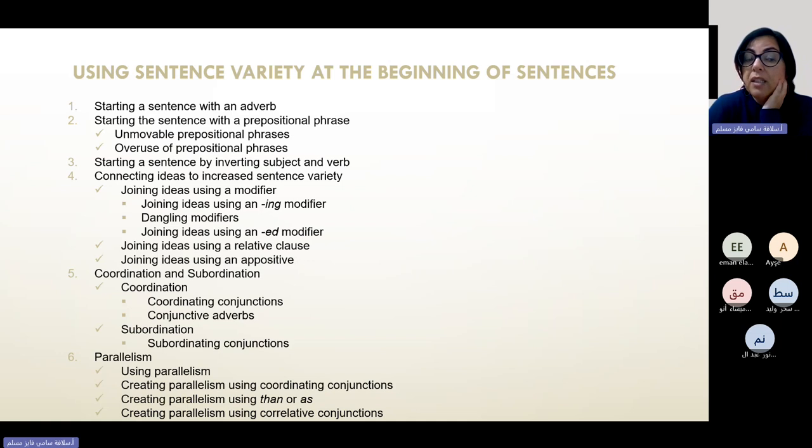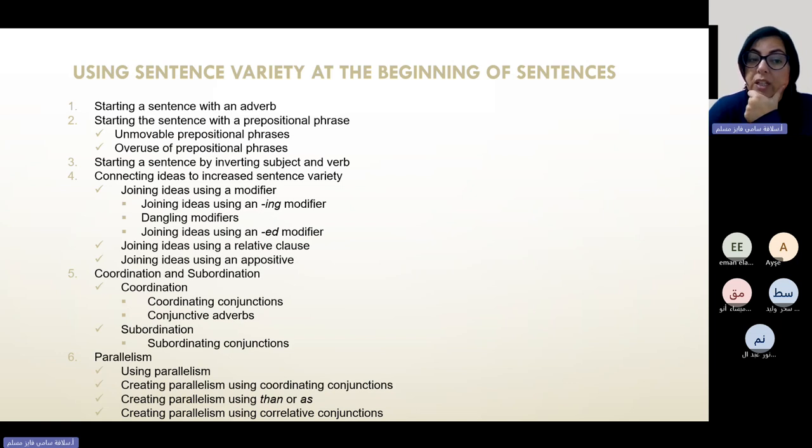We have something that is called overuse of prepositional phrases. Some writers use a lot of prepositional phrases, so the sentence becomes cluttered and incomprehensible. Okay? We can start the sentence by inverting the subject-verb order, like in Arabic. We can start with the verb instead of the subject.